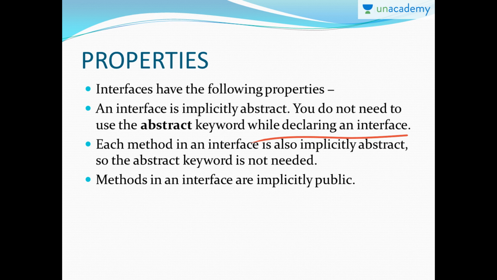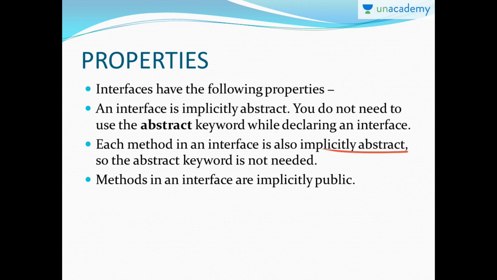Then next, the same thing is repeated, that it implicitly becomes abstract, and the abstract keyword is not needed. And one more property of interfaces: basically an interface is declared by using the public keyword. What do you mean by public? Here public is nothing but an access specifier, as I've told you all.